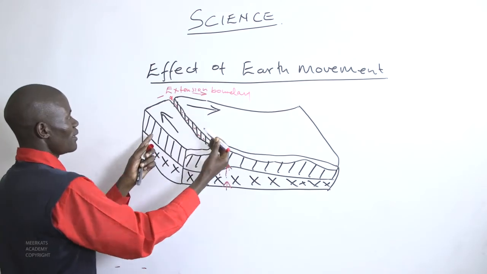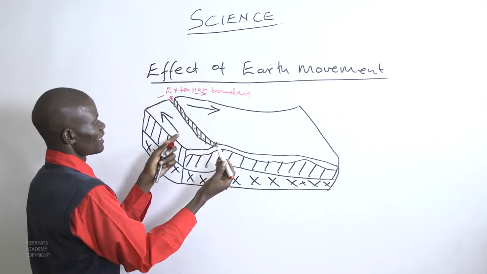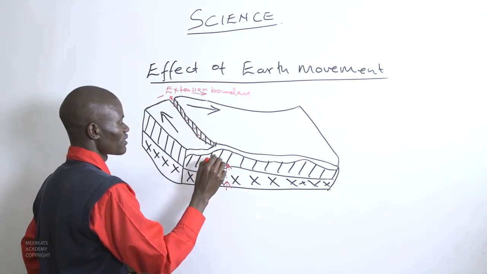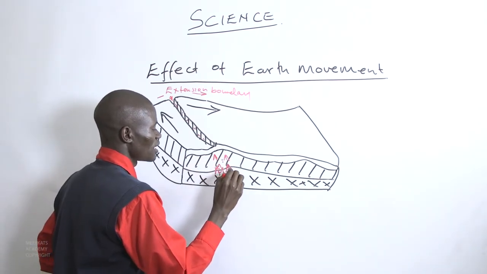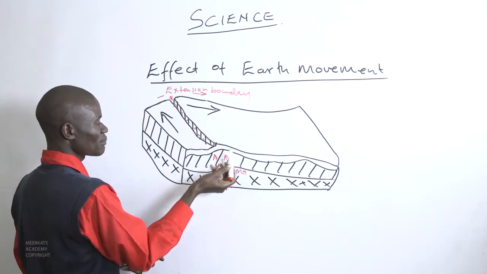Now, as this oceanic plate meets with a continental plate, what is going to happen? A crack has been created around here, and this is going to force some magma to come out in the oceanic plate.